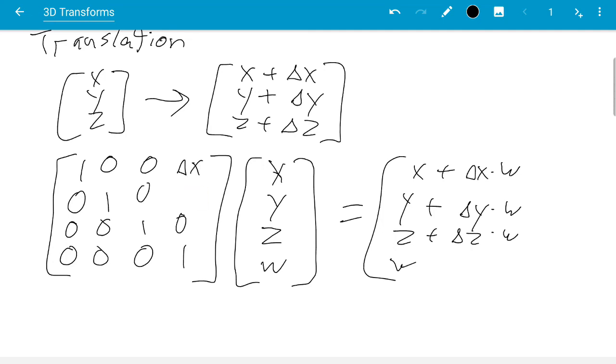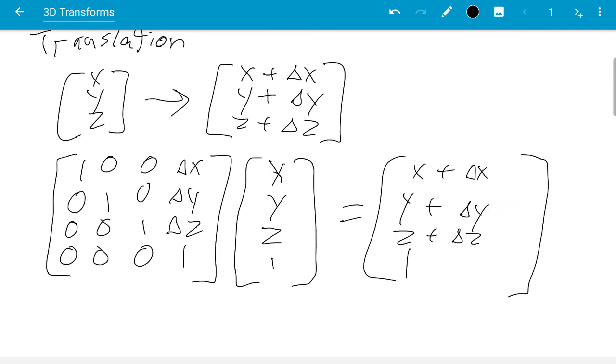In our second, I'm going to want delta y there, delta z here, and this is going to work out. Our last row, 0, 0, 0, 1, is going to cancel everything out except for w, and that's what we're going to end up with. Now, if we just let w be 1, then that's our translation matrix. We've done it.